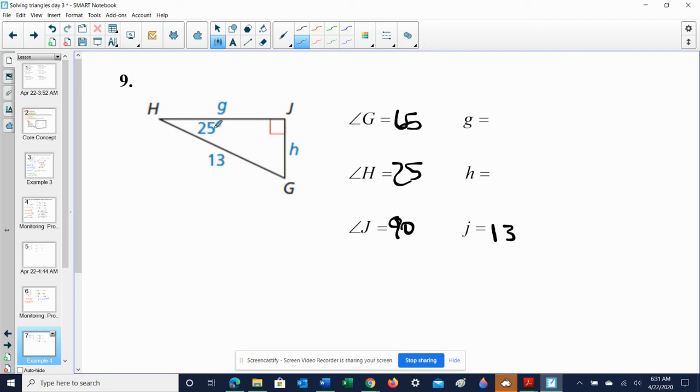So let's use tangent again. Sorry, we can't use tangent this time because we have a hypotenuse. So we're going to have to use either sine or cosine. Which do you want to use? Let's just go with sine because that's first. So what is the sine of 25 equal to?